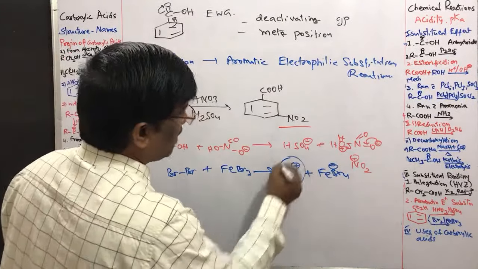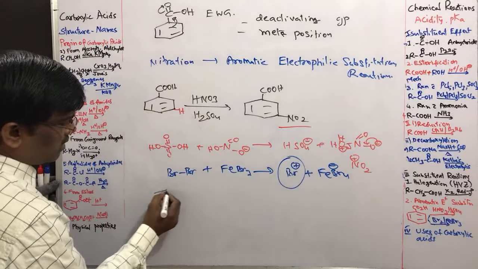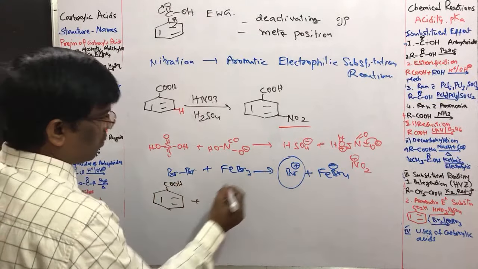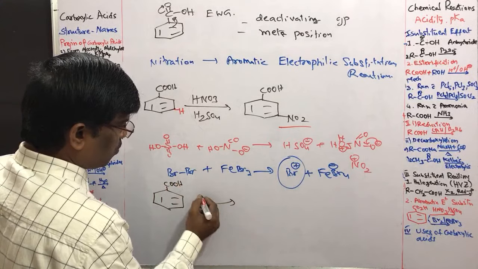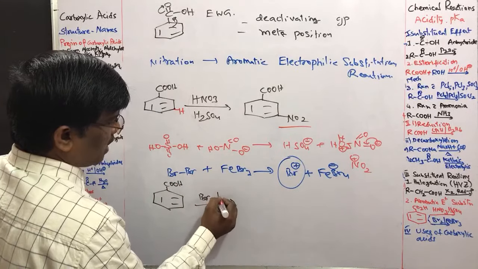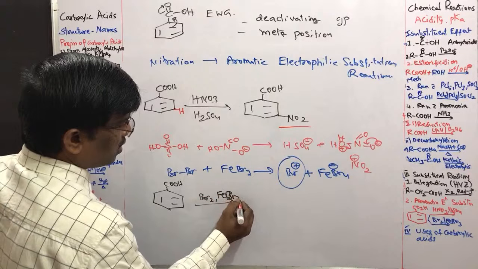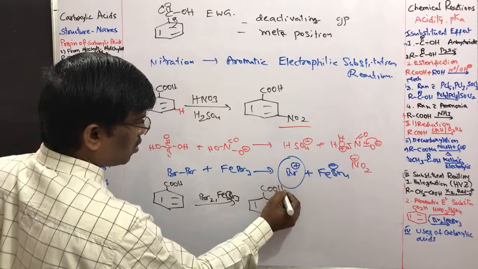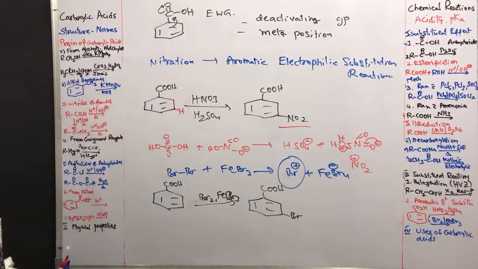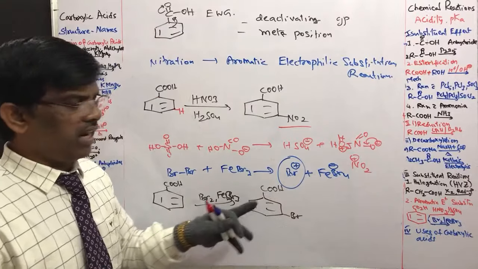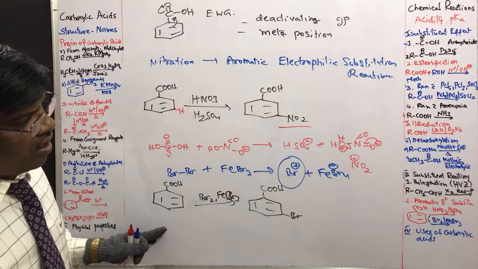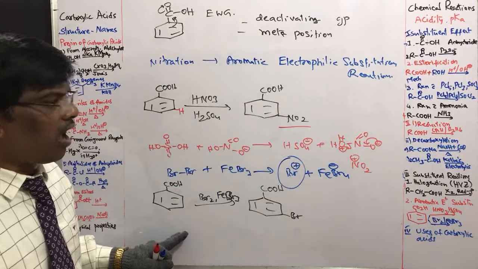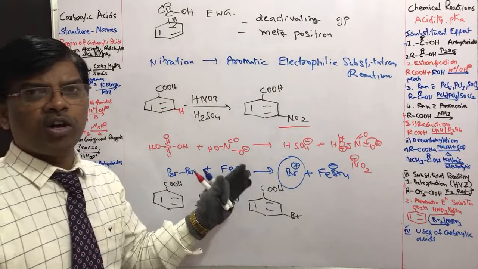So this electrophile, if I take the same benzoic acid and do the bromination, bromine in presence of ferric bromide, I am going to get meta-bromobenzoic acid or 3-bromobenzoic acid. So this is how we can do electrophilic aromatic substitution on carboxylic acids, aryl carboxylic acid.